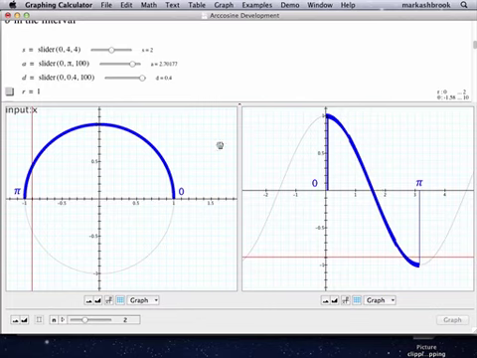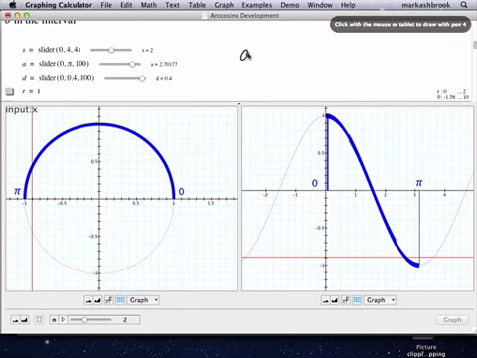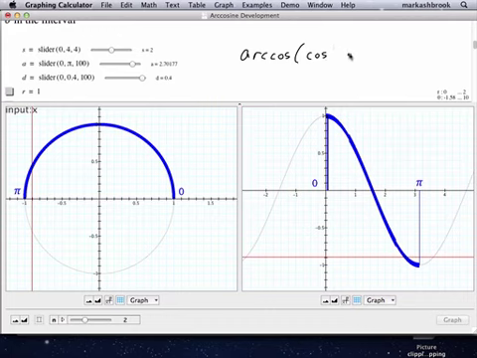Okay, practice. I want you to find the arccosine of the cosine of 4 pi over 3. Go. Arccosine of the cosine of 4 pi over 3.